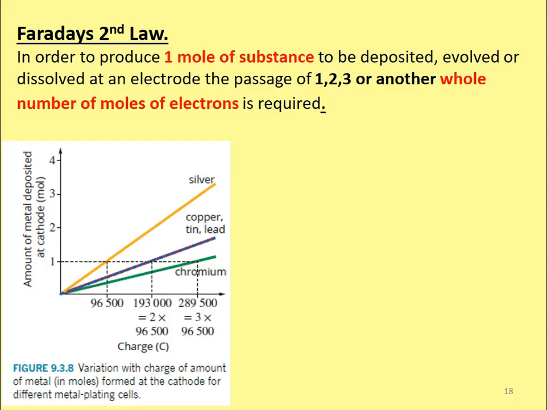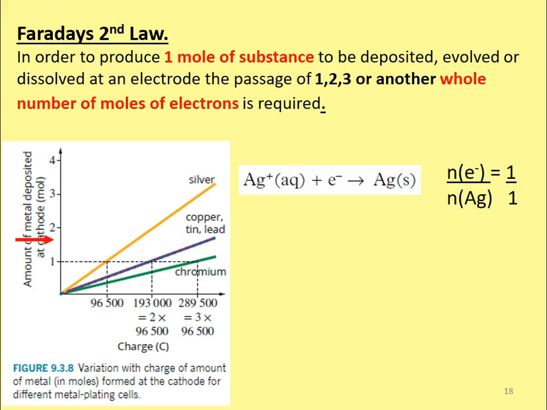Okay, so Faraday's second law is basically an extension of the first law. Instead of relating Q to the mass, where they're proportional, the charge goes up, the mass goes up, it goes up in proportion to the number of moles of electrons. So it will be different depending on the charge, the number of moles of electrons that you need.